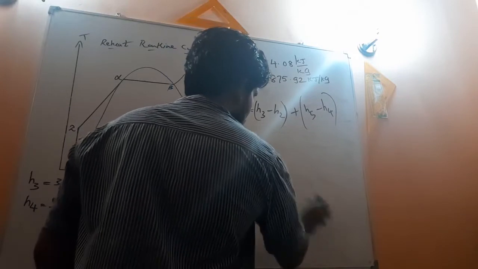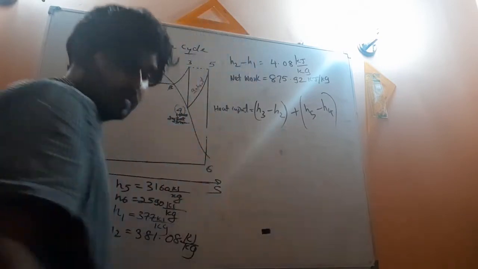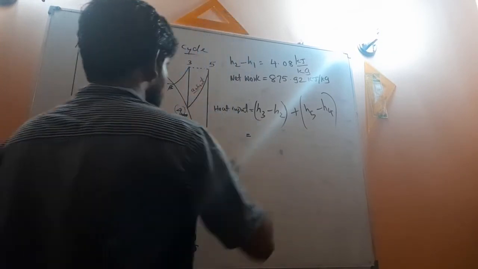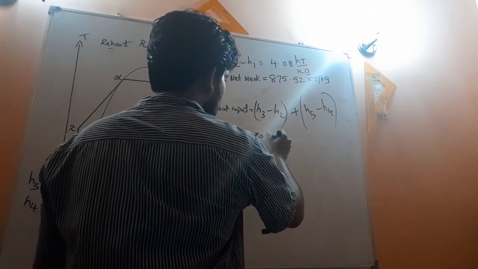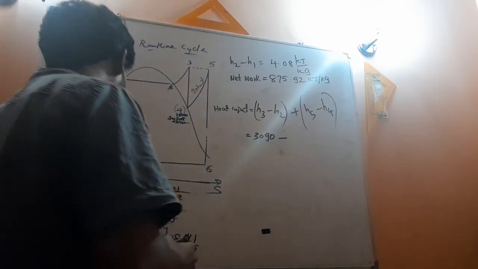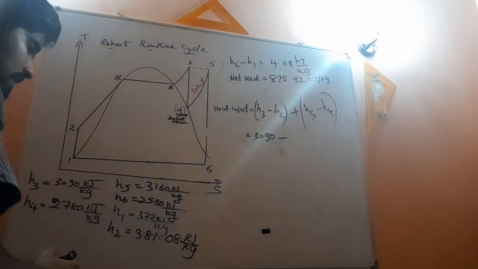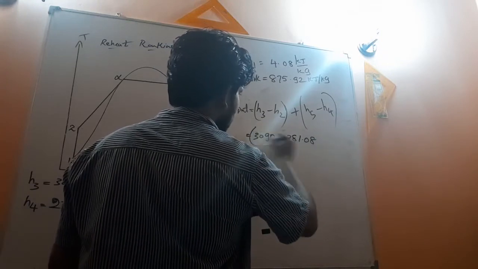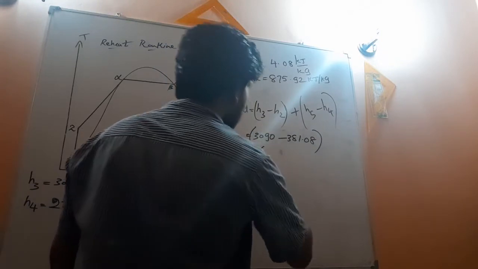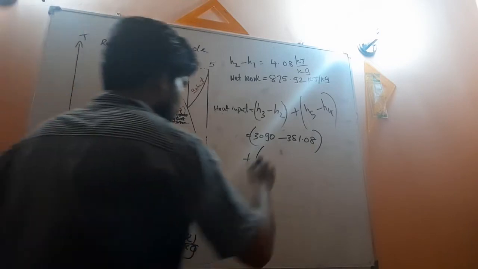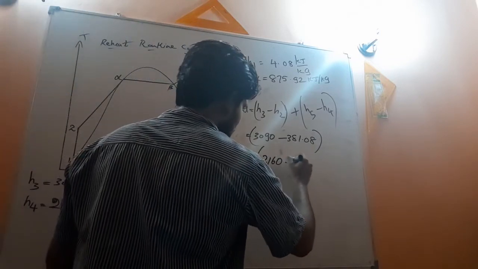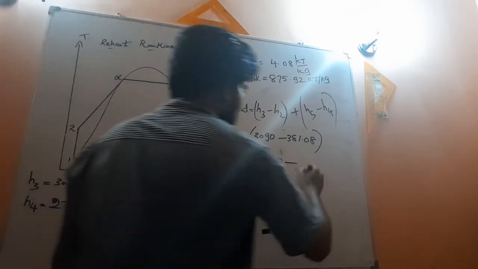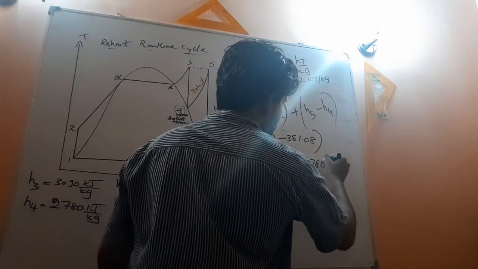So now you know what is H2, right? So what is H3? 3090 minus 381.08, plus what is H5? 3160, minus what is H4? 2780.